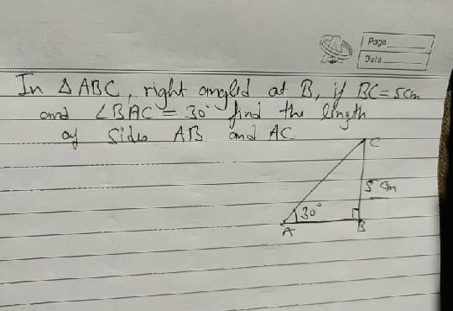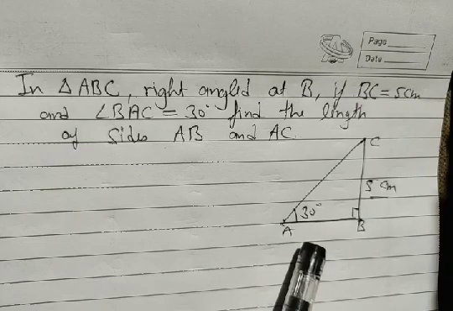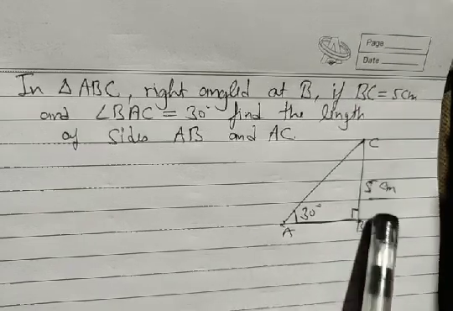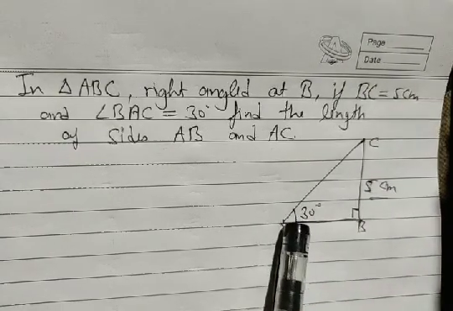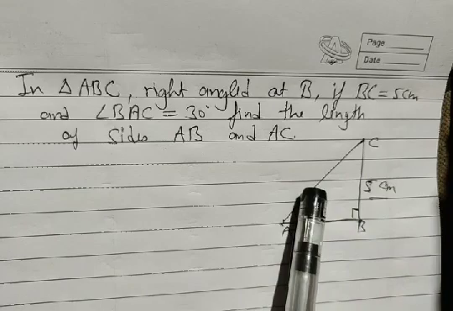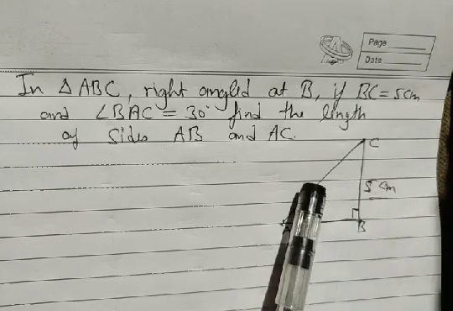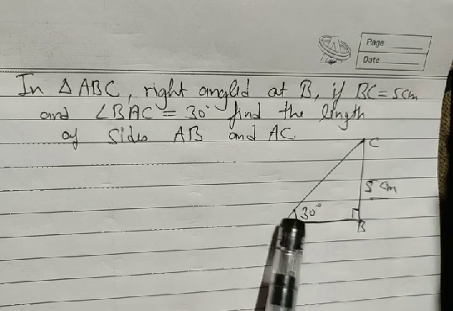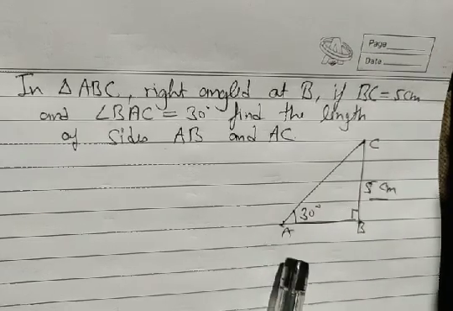Then how can we find them? Since we are aware of the values of the angle, given as 30 degree, look, BC is the perpendicular and AC is the hypotenuse. The ratio of perpendicular to the hypotenuse, as I already explained, gives sine theta, and here theta is 30 degree.